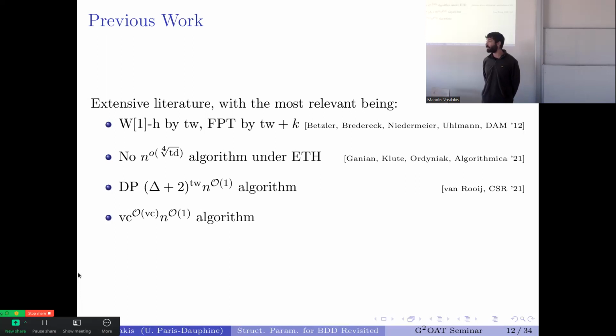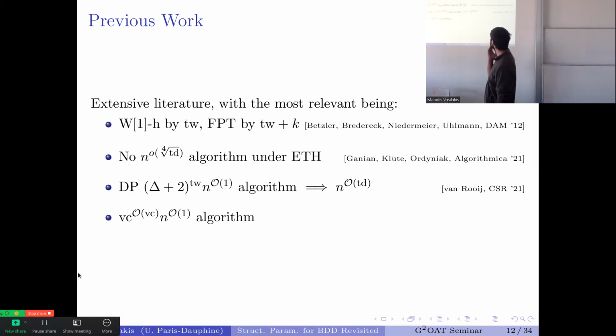In one case, you reduce to the DP algorithm, and in the other, you do some reductions to some domination problem, and again you get the same running time. If you think about it, this algorithm also gives us this algorithm, right? Because delta is at most n, and tree width is at most tree depth.